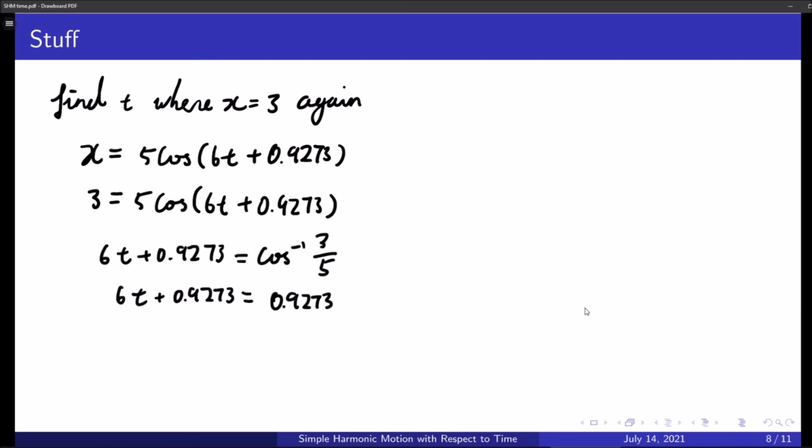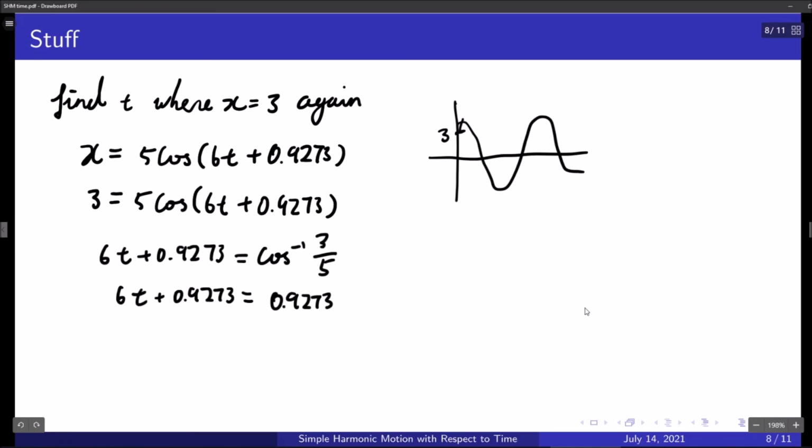So just imagine the next time. Basically that means initially it looks like this. So this is 3, and we need to actually find this point. To do that, we need to find the second value for cosine inverse of 3 over 5.